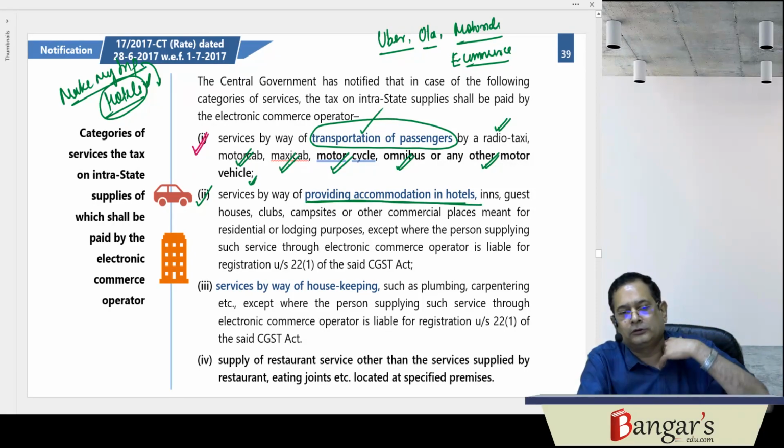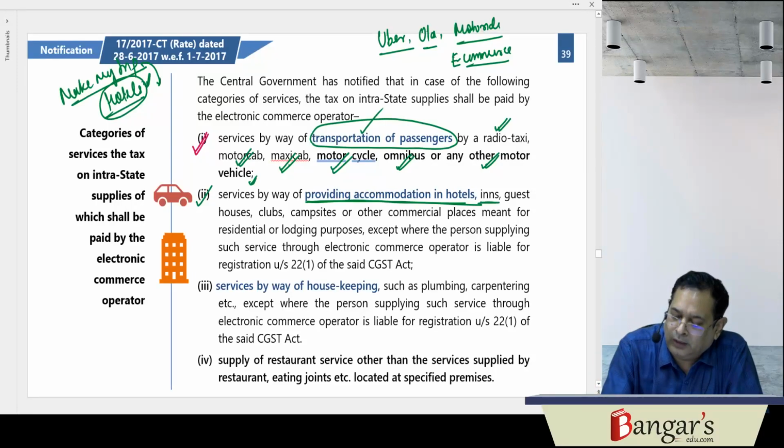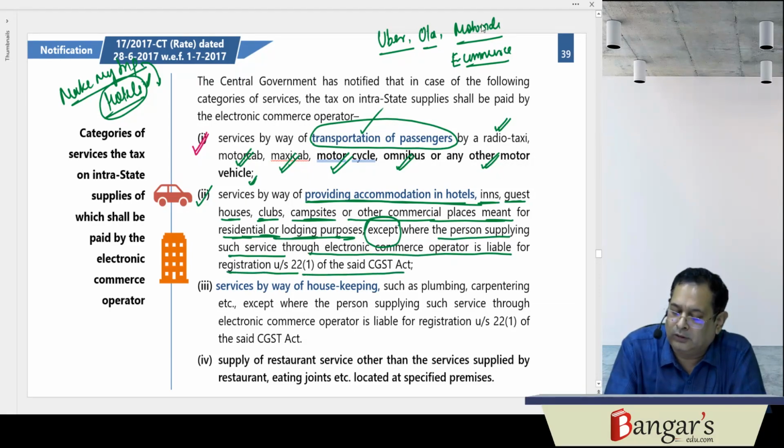The next service which has been specified is services by way of providing accommodation in hotel, guest house, clubs, campsite or any other commercial places meant for residential or lodging purpose, except where the person supplying such service through ECO is liable for registration under 22(1) of the said CGST Act.